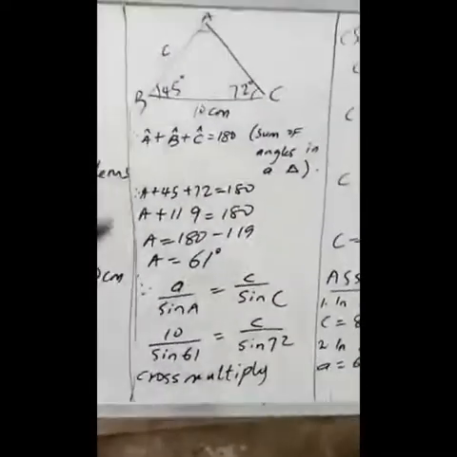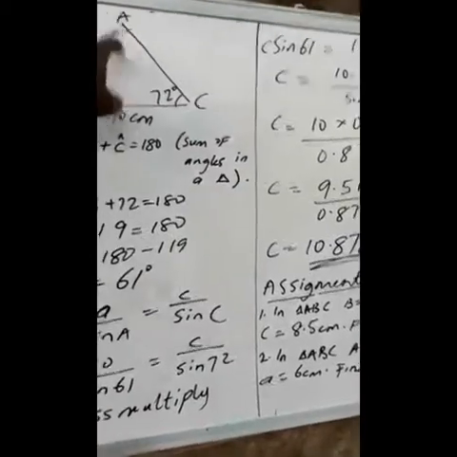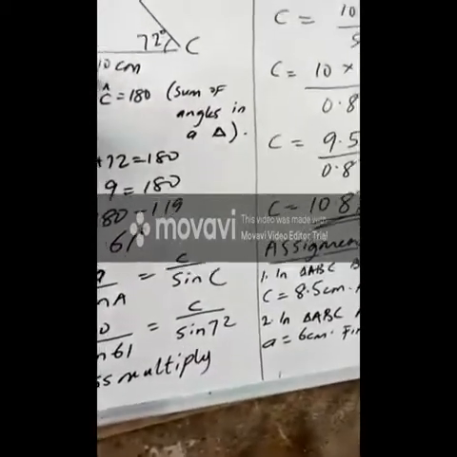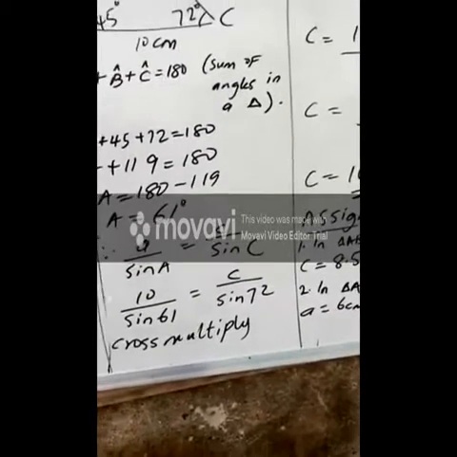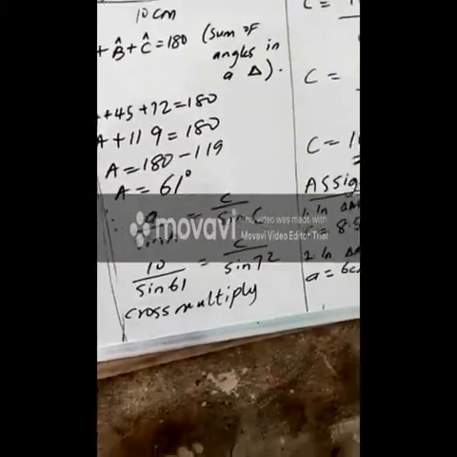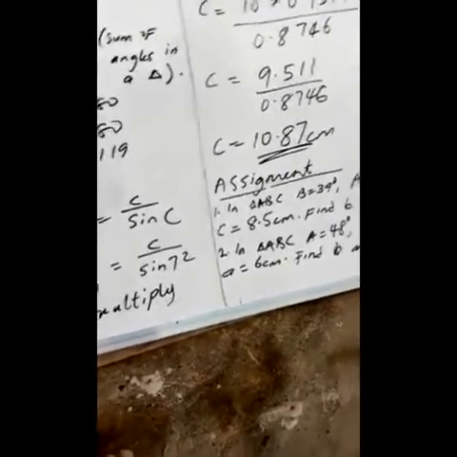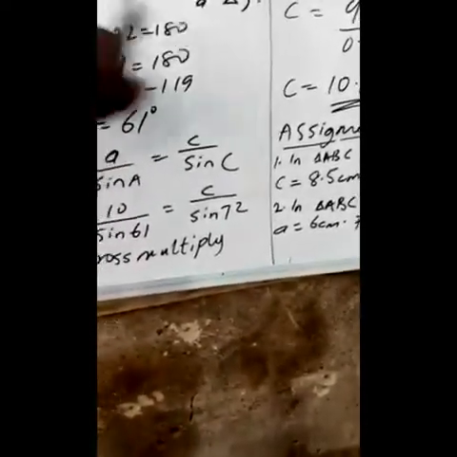So the first thing to do is to find angle A, because we know side a, but we don't know angle A. The rule says we must have two angles and a side, and the side must be known. In this case, for B and C no side is known, but for A we know the side, so we must look for angle A. Going back to the sum of angles in a triangle, we know that the sum of angles in a triangle is 180.